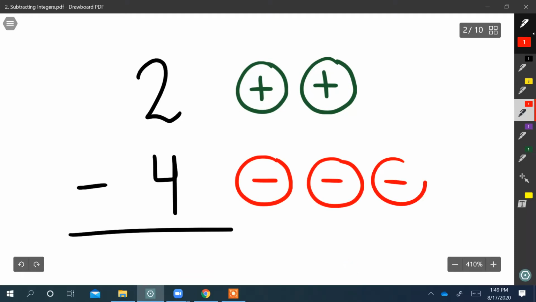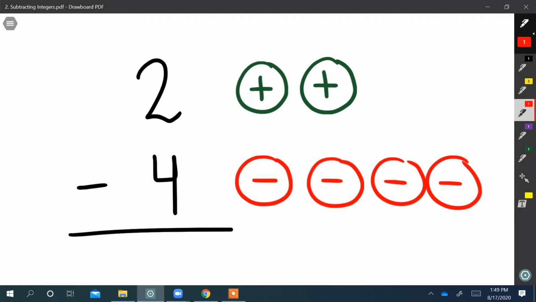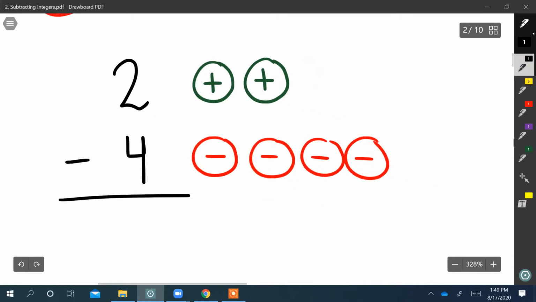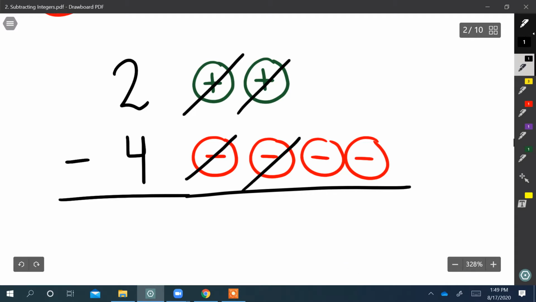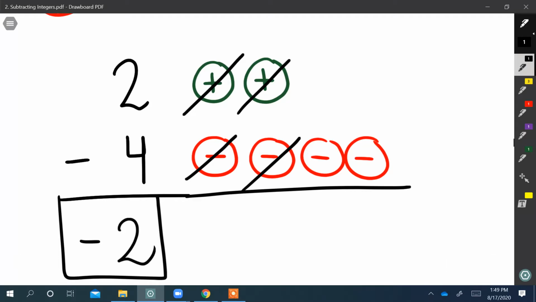So that minus 4, I translate in my mind as 4 negatives. So what happens is that this and this cancel. This and this will also cancel, and I end up with a negative 2 as my final answer. That's how I see it in my mind as well.